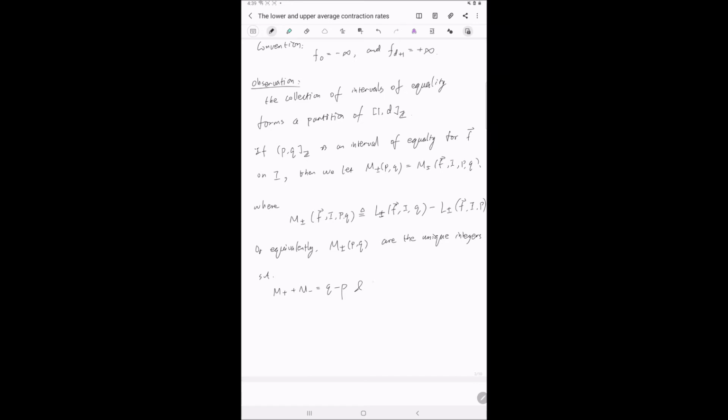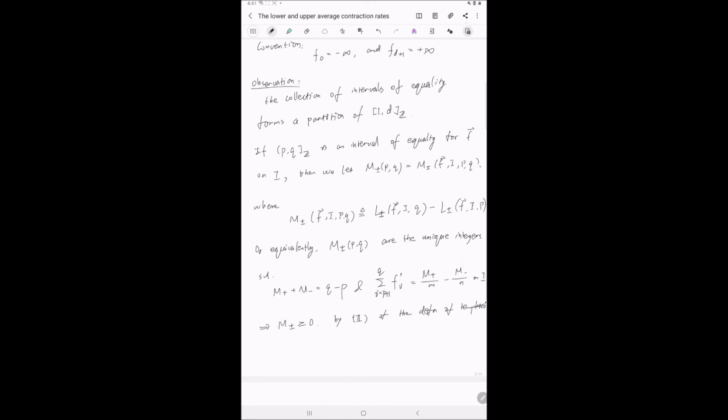And the second is that the summation of those derivatives F i prime, where i ranges from p plus 1 to q, is equal to m plus divided by m minus m minus divided by n on I. And by using the definition of the templates, in particular axiom 2 of the definition, you can show that m plus and m minus are greater than or equal to 0.